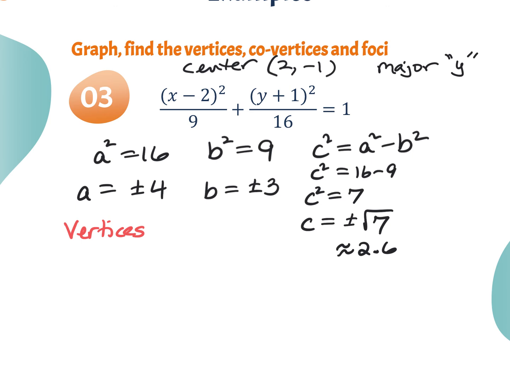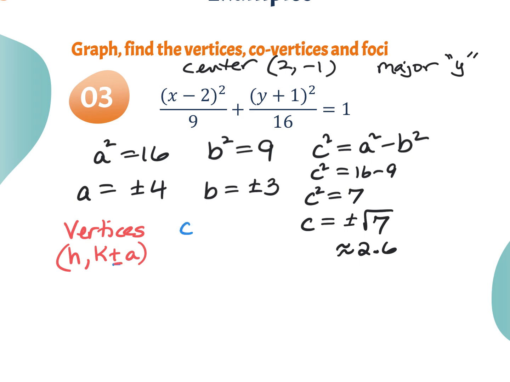For my vertices, I'm going to be taking my center point. If you recall from your previous slide, when your major axis is y, what we're doing here is h, and then k plus and minus a.